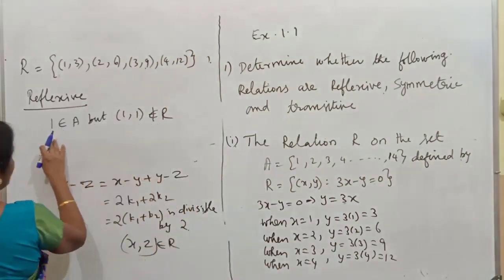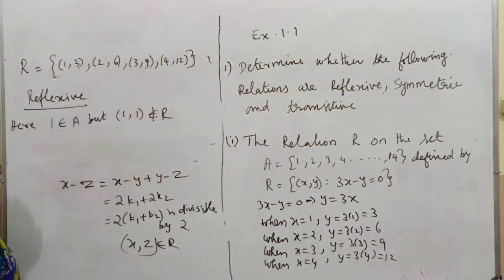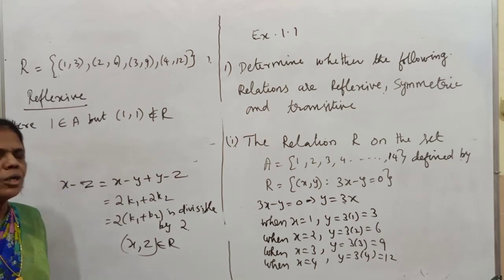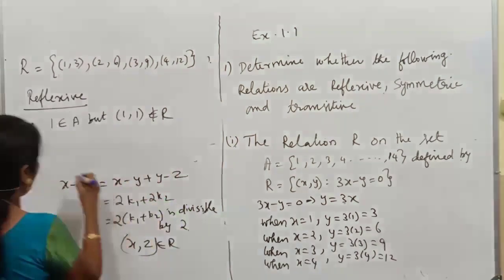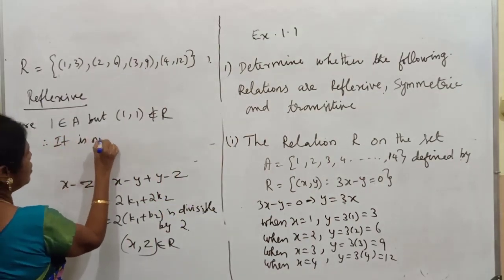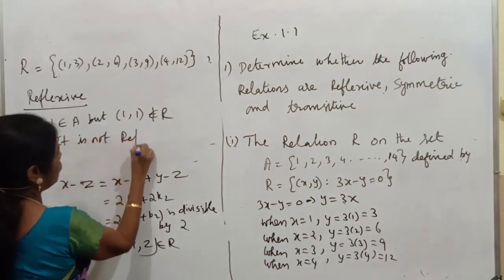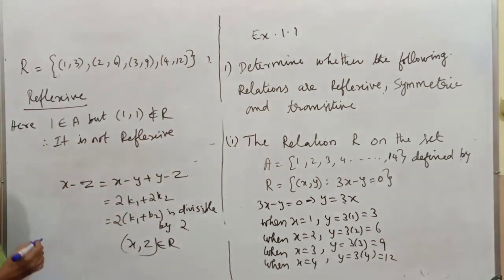Now, you can start here. 1 belongs to the set A, but (1, 1) does not belong to R. Therefore, it is not reflexive. You can write this generally also. How will you write?